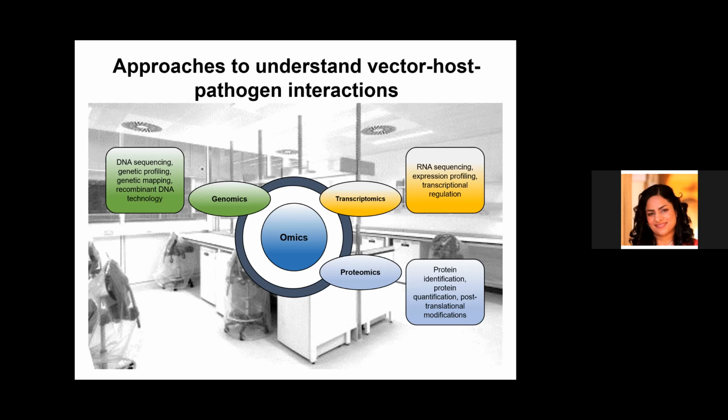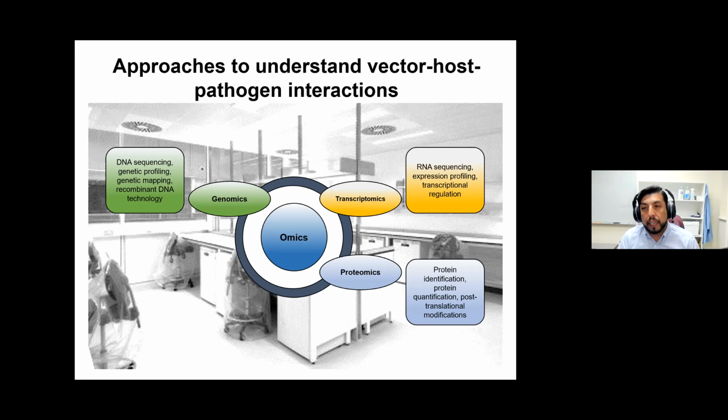In this case, I've been studying proteomics, in which we identify the proteins. In my case, I use MALDI-TOF to identify proteins, and we quantify those proteins, some using Western blot, and also some proteins need post-translational modification.